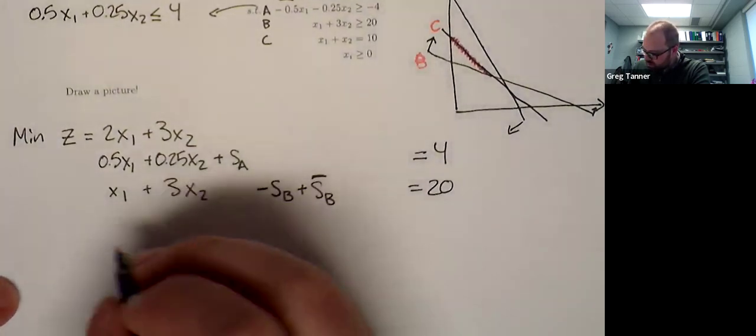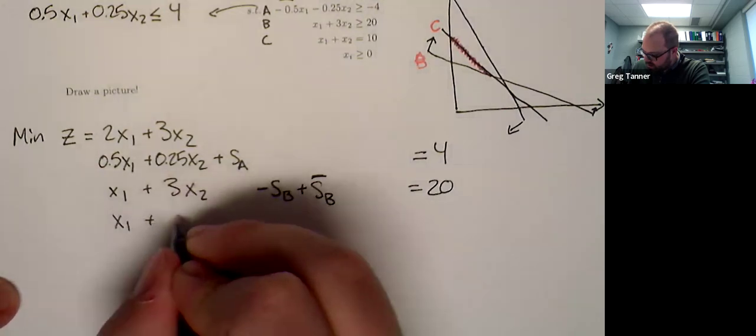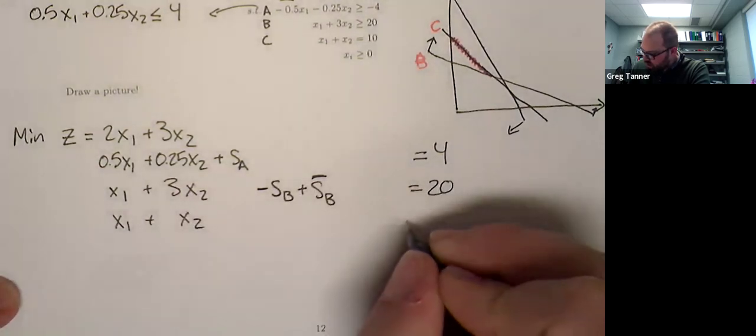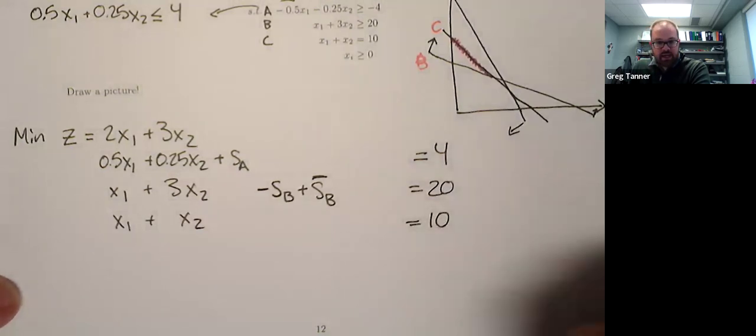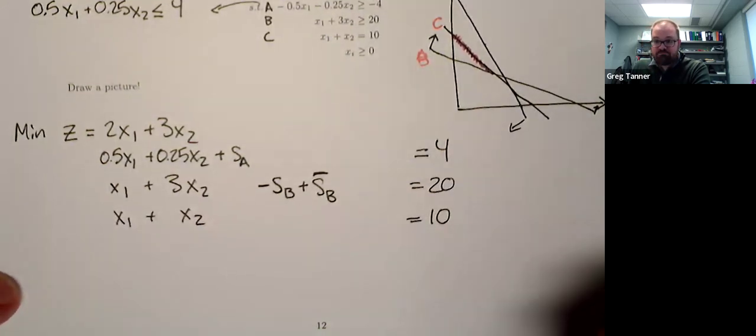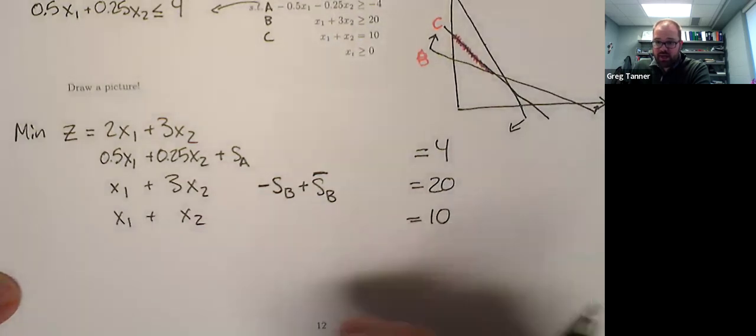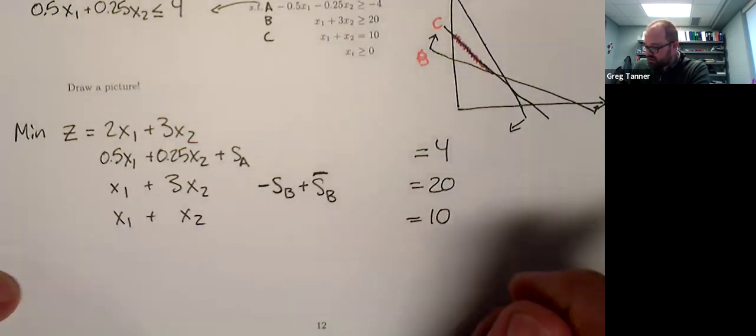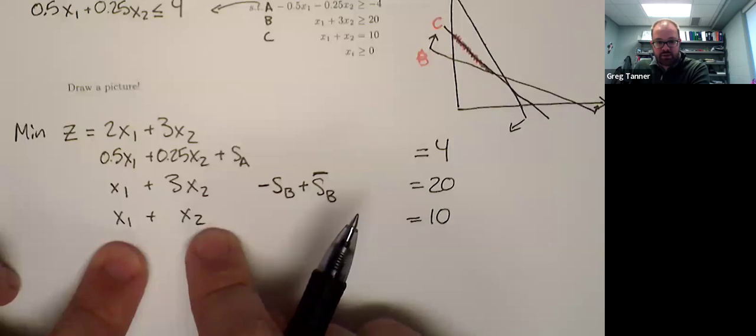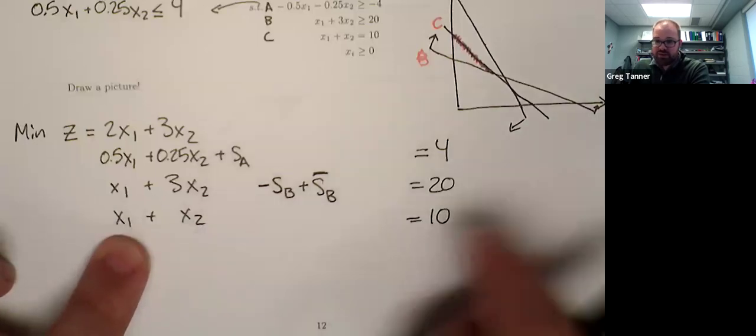The third constraint is going to be x1 plus x2 equals 10. Now that is already sort of in augmented form. We've already got an equality, we don't have an inequality. But if I plug in 0 for x1 and x2, I get 0 equals 10, which is a false statement.